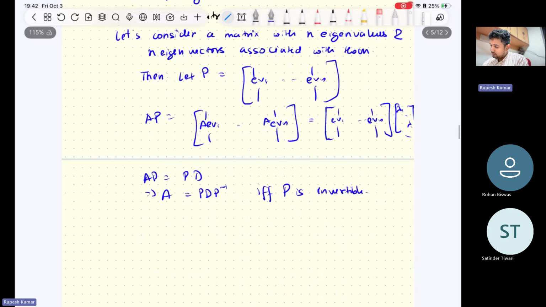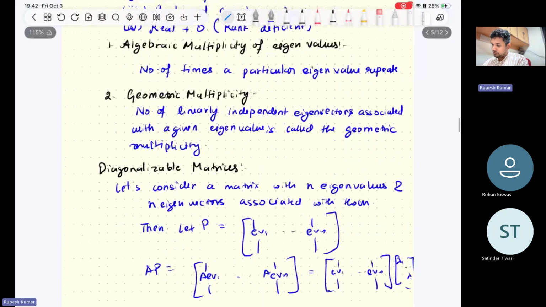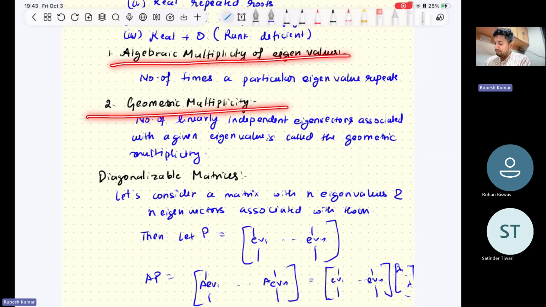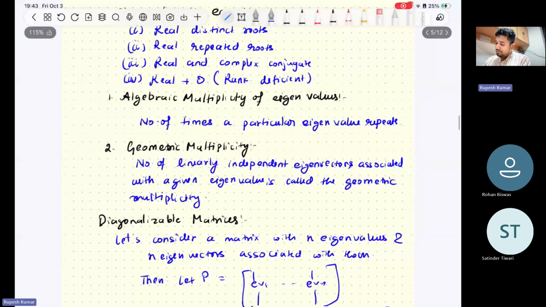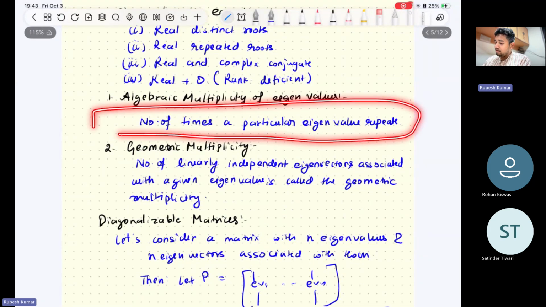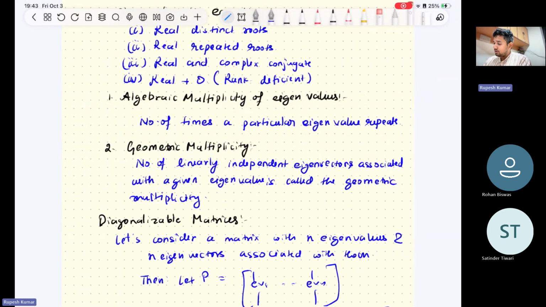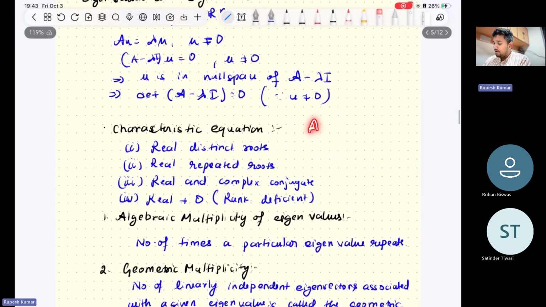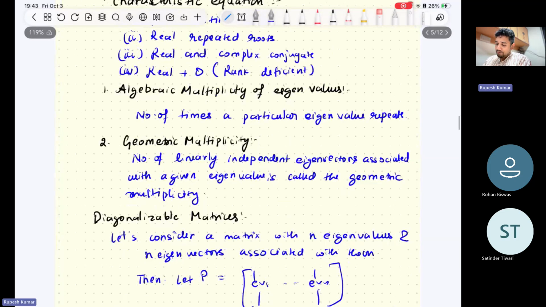Then there are two interesting properties that were covered: algebraic multiplicity and geometric multiplicity. These two properties are always associated with a given eigenvalue. Let's say you get some eigenvalue for some matrix A. For that eigenvalue, you can define two properties.